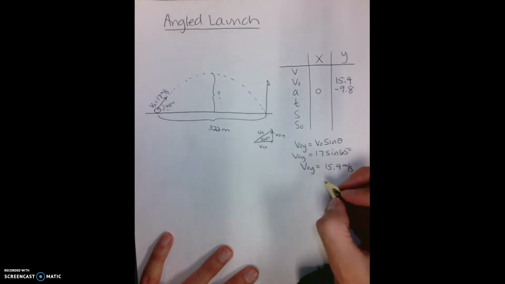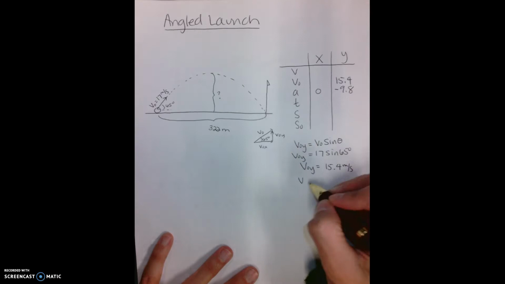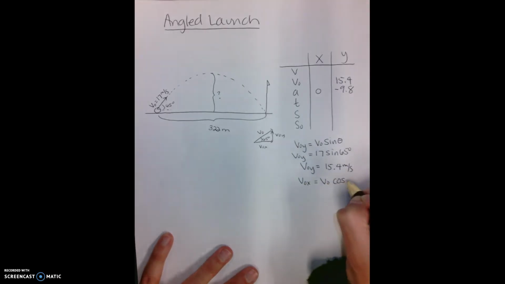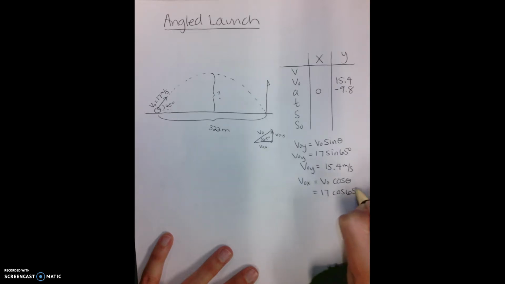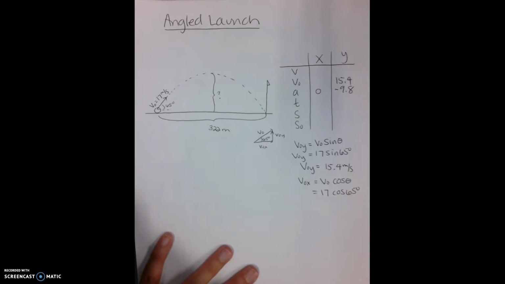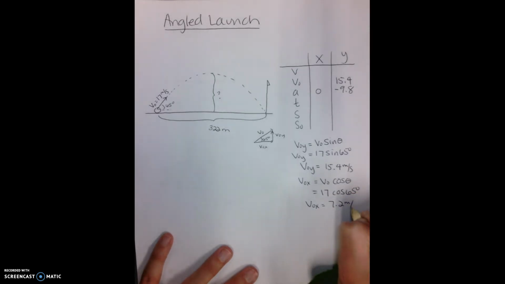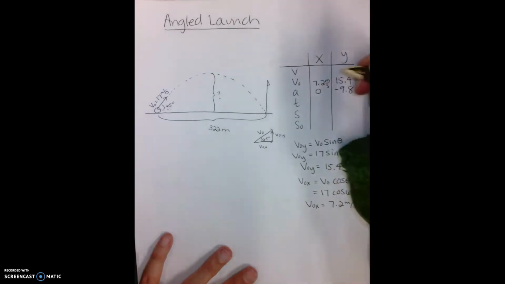For v0x, I'm going to use cosine because it's the adjacent side. So v0x is v0 times the cosine of theta, or 17 times the cosine of 65 degrees, so v0x is equal to 7.2 meters per second.